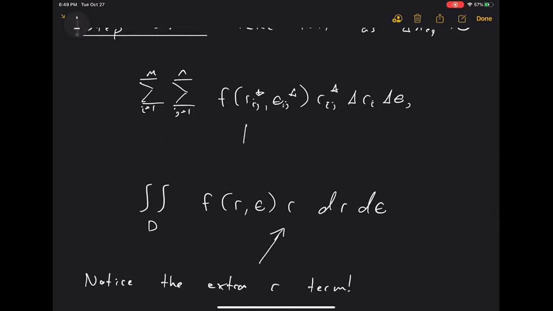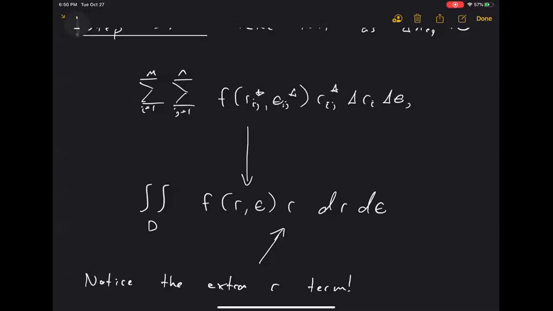And what happens as these rectangles become really small? Remember, this is like saying I'm choosing a single point in my rectangle, at coordinates r_ij star, theta_ij star. If my rectangles are small enough, I'm eventually going to be considering every single point. That's the intuitive idea.